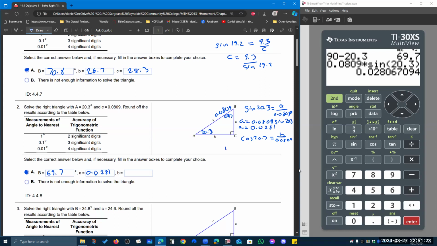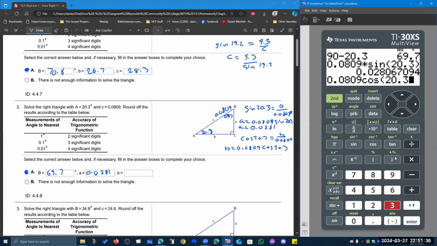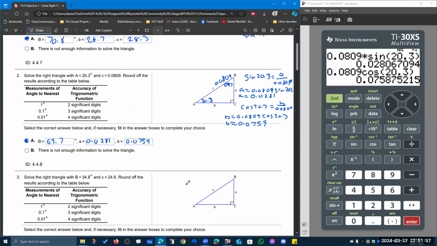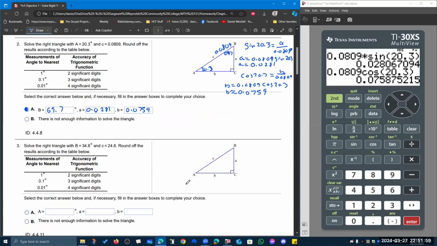And that means that B is equal to 0.0809 cosine of 20.3. 0.0809 cosine of 20.3 is, again, to 3 significant digits, B is approximately 0.0759, like so. All right.